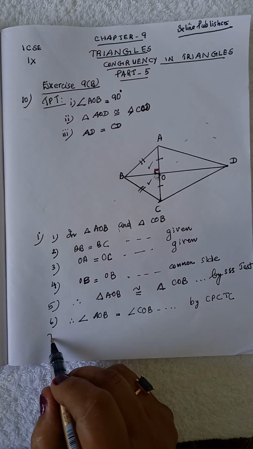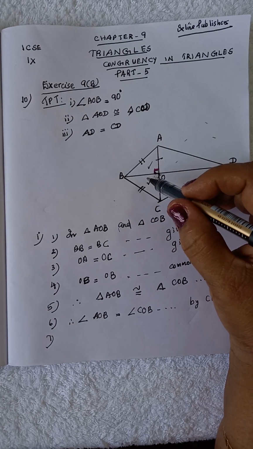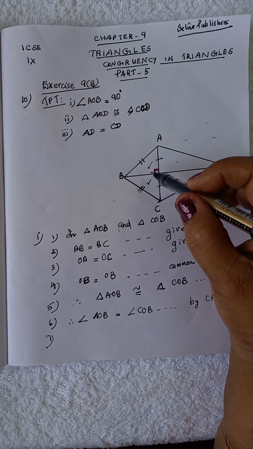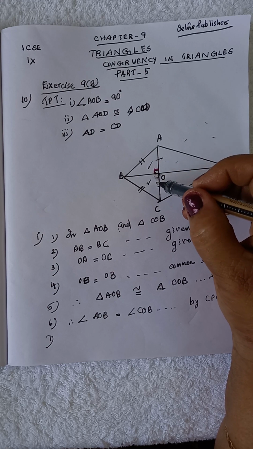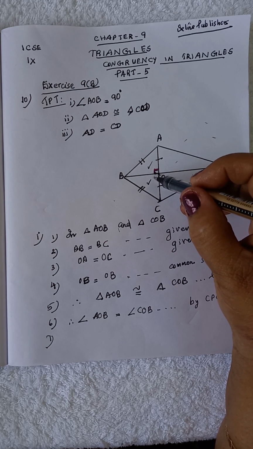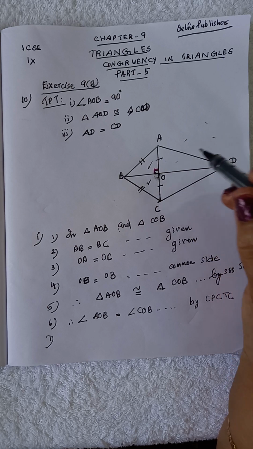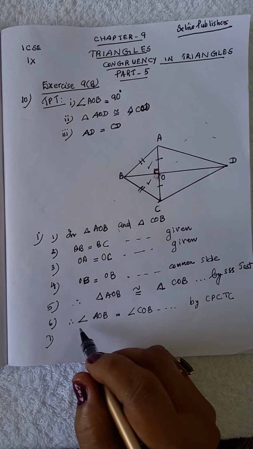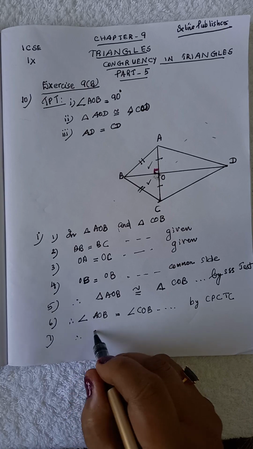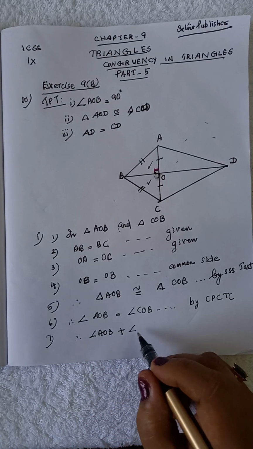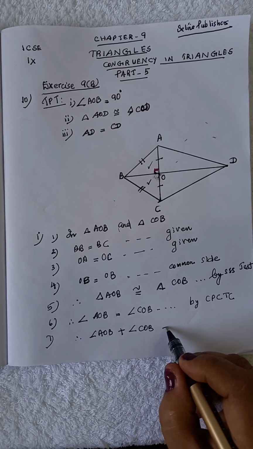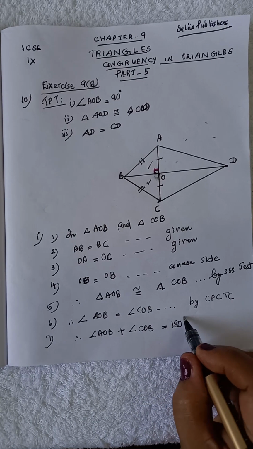Now seventh point, this angle AOB plus angle COB, that will give you 180 degree. That is angle in a straight line is 180 degree. So these two will constitute angle in a straight line, AOC. So we can write, therefore angle AOB plus angle COB is equal to 180 degree.